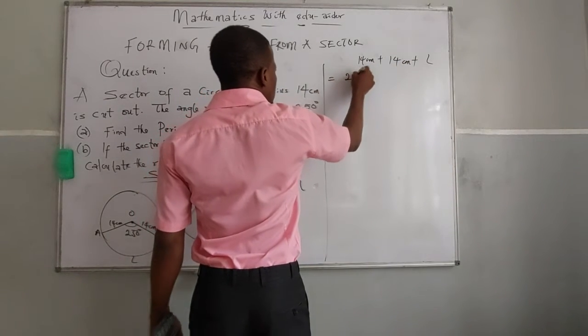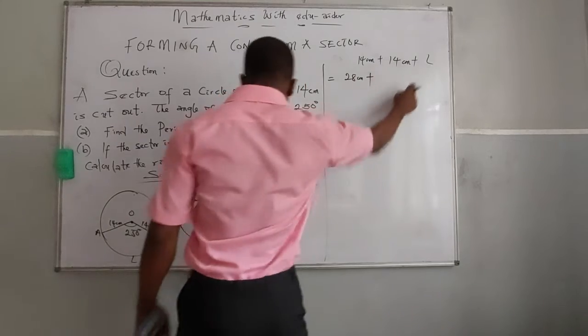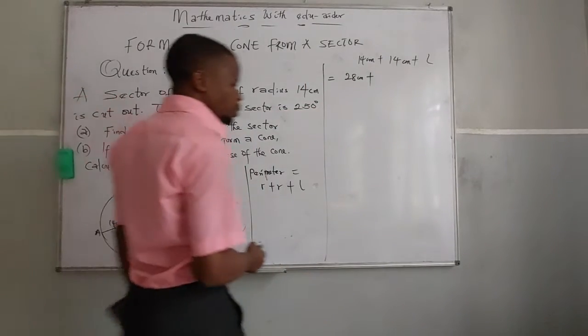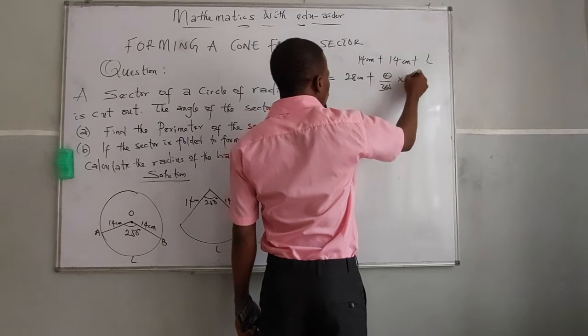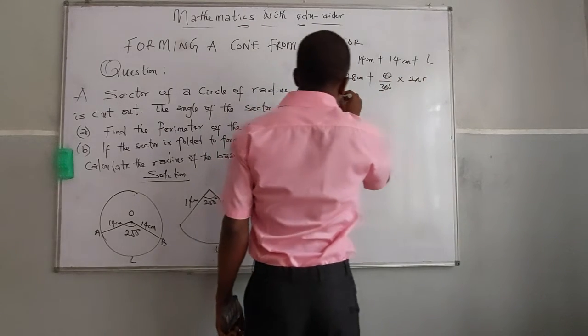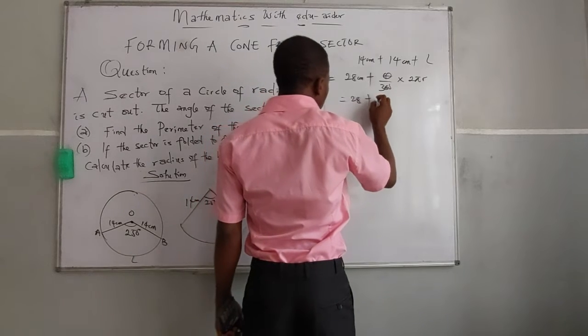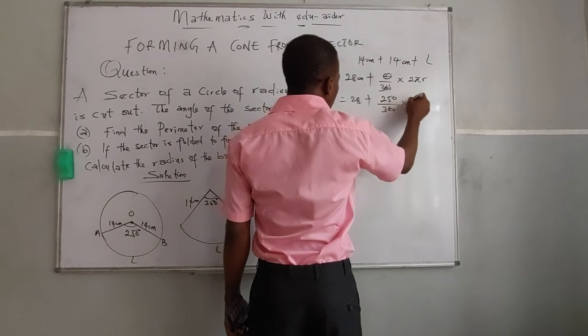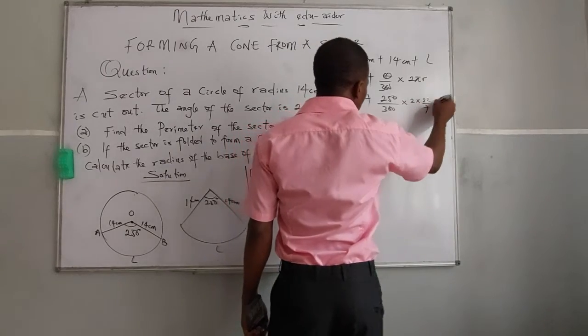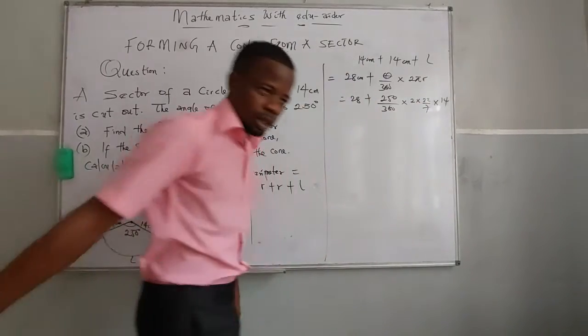That is 28 centimeter plus the length of arc. What's the formula? We have theta upon 360 times 2 pi r. So that is 28 plus 250 upon 360 times 2 times 22 upon 7 times 14, right?